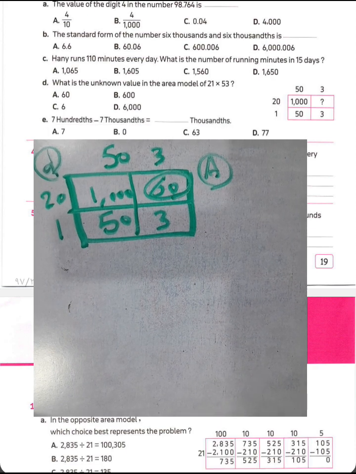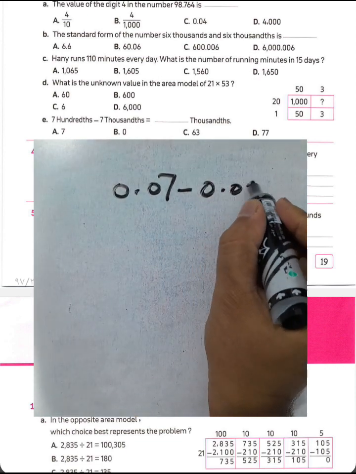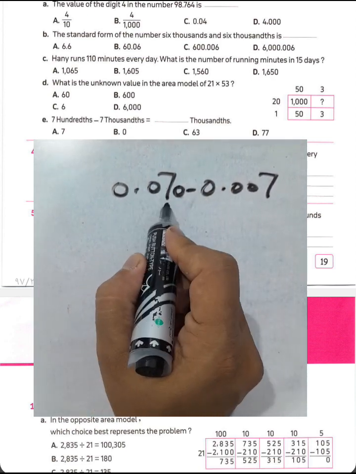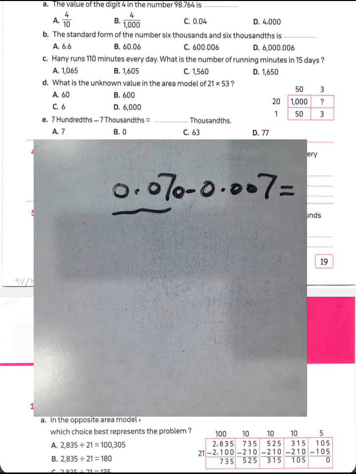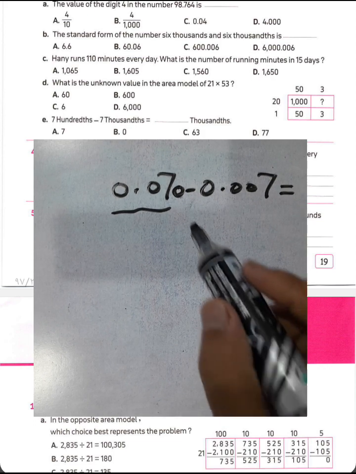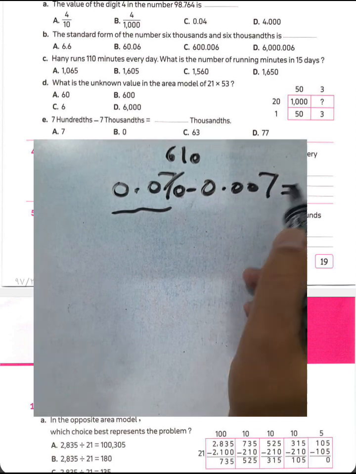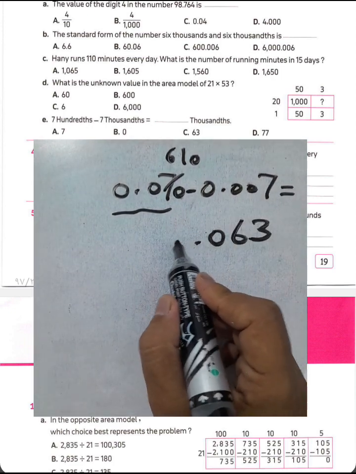Question E. 700th subtract 7000th. We can find the difference by putting 0 behind this number to make equal parts. And then 0 minus 7, we can't do it. So you must borrow 1 from 7 here. It will be 6 and 0 will be 10. 10 minus 7 equals 3. 6 minus 0 equals 6. 0 minus 0 equals 0, and write the point and 0.